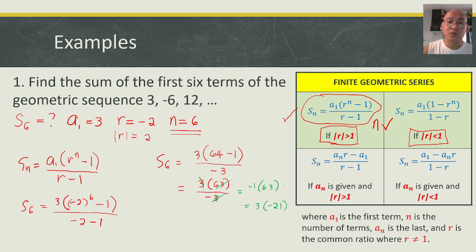So if we solve this problem, we will arrive at the same answer, negative 63, and that is now the sum of 6 terms. So either way, you can perform. You can divide first the factor 3 by negative 3, or 63 by negative 3. We still have the same answer of negative 63.